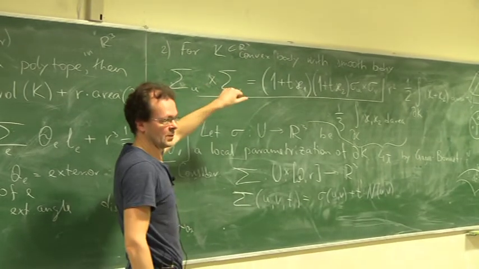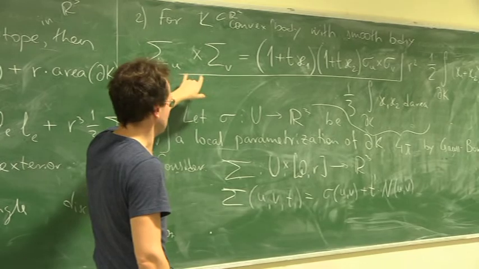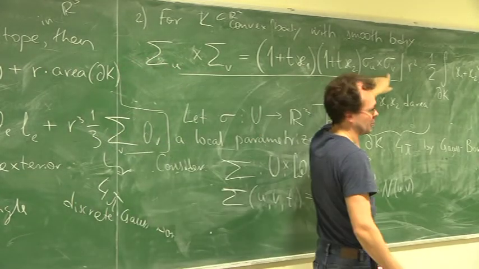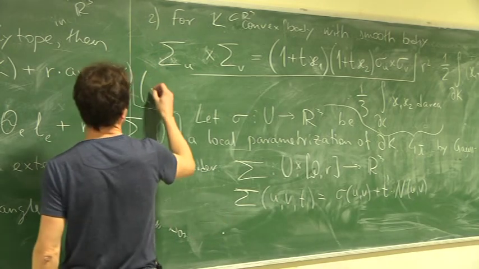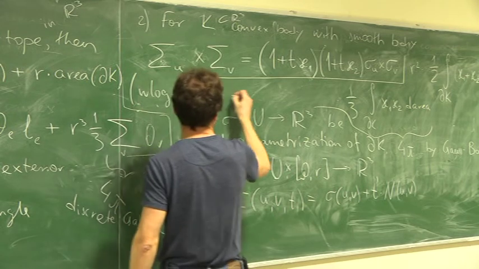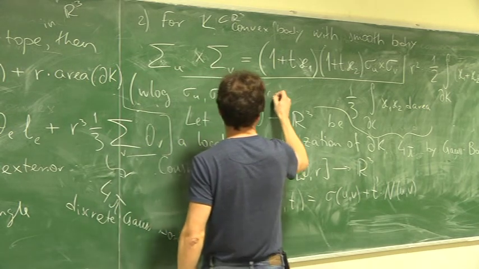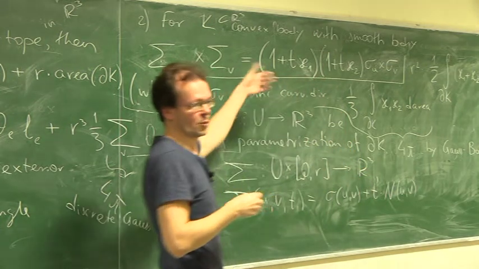To prove this, it suffices to look at the special case when sigma_u and sigma_v are the principal curvature directions. So, without loss of generality, sigma_u and sigma_v are principal curvature directions, and then the formula is easy.